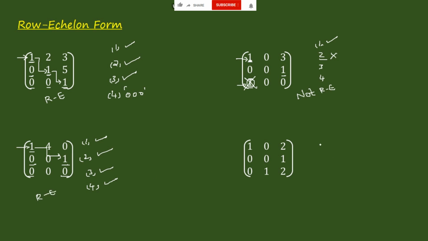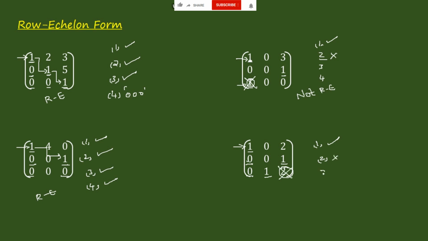Coming to this one. The first condition is that all the leading entries should be 1 in a row, right? So it got satisfied. Come to the second one, right? The second one is that below the leading one should be 0. It is 0 here. It is not 0 here. It does not satisfy, right?